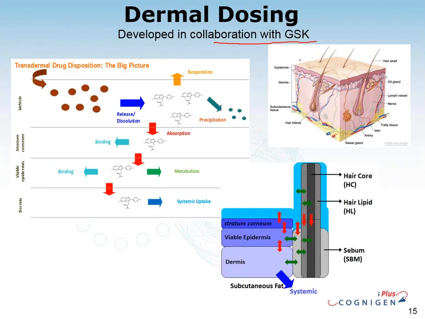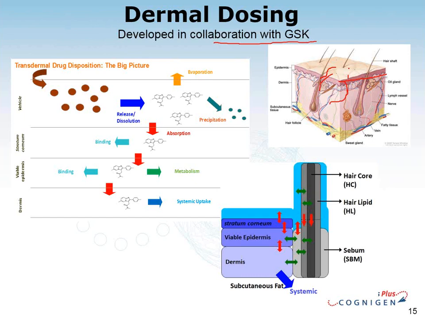So looking at the topical administration of the compound on the surface of the skin and predicting how the drug is moving through the stratum corneum, through the viable epidermis, getting into the perfused layer, into the dermis, where the drug can get absorbed into systemic circulation. And also accounting for aspects like absorption through the hair or through the sebum surrounding the hair and so on.